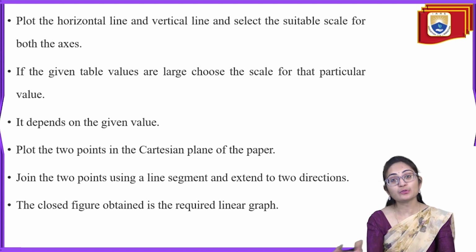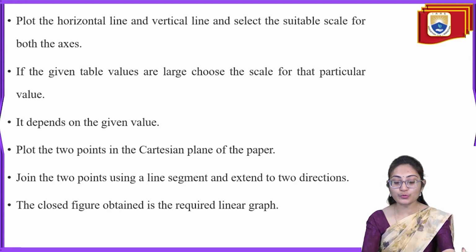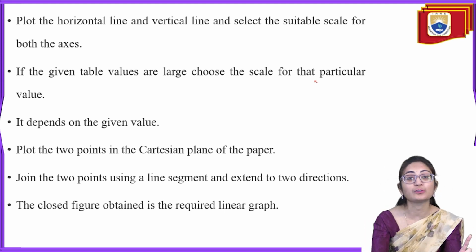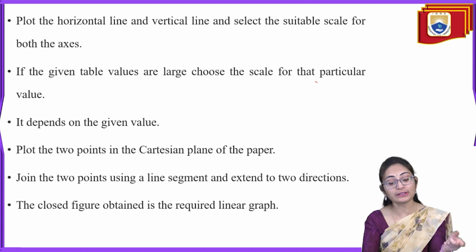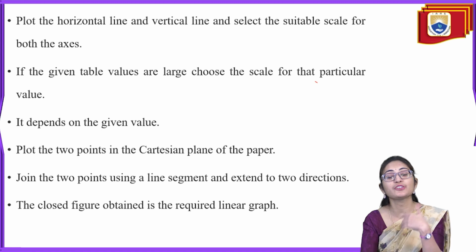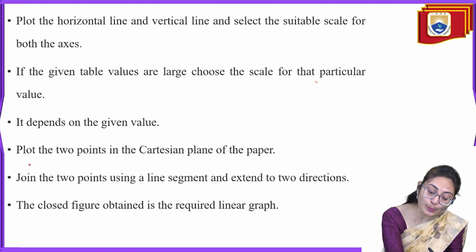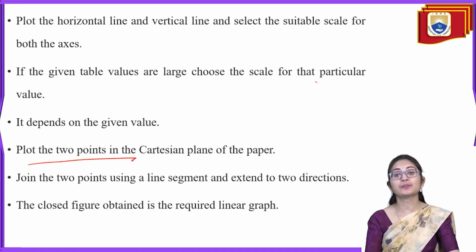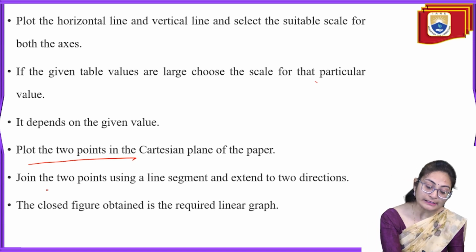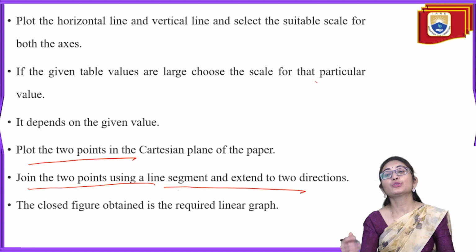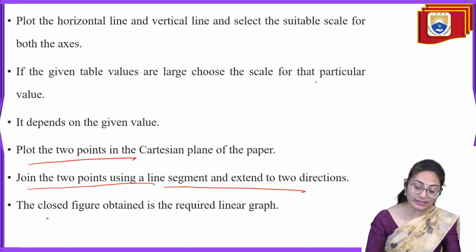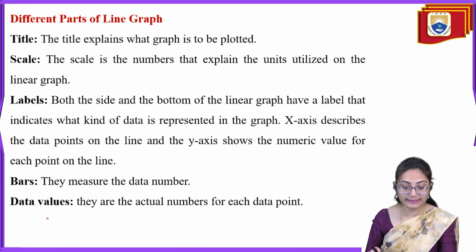If the given table values are large, then you have to choose the scale for the particular values, which totally depends on what type of data you are using. Plot the 2 points in the Cartesian plane on the paper. Join the 2 points using a line segment and extend it in both directions. The figure obtained is the required linear graph.